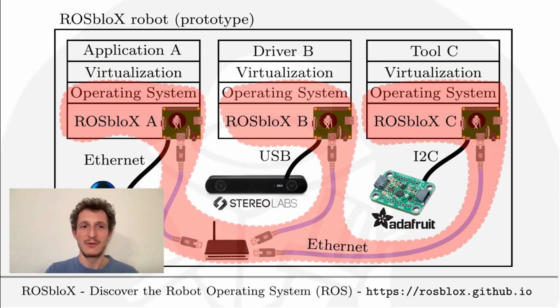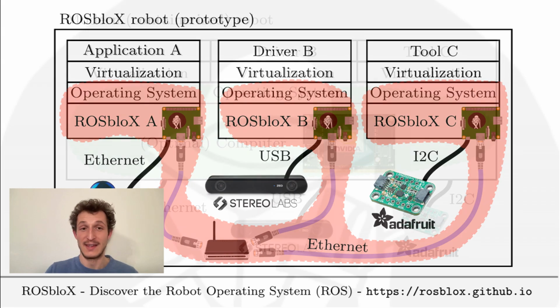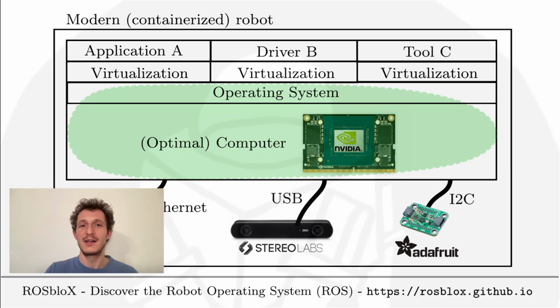We can simply add the required computational power of all ROSbloX that the robot is composed of, select a computer with the required input and output ports, and then we can simply connect the robot sensors and actuators to the new computer and deploy our containers on this computer. For a software developer with a bit of experience in container technology, this process is a very simple task.